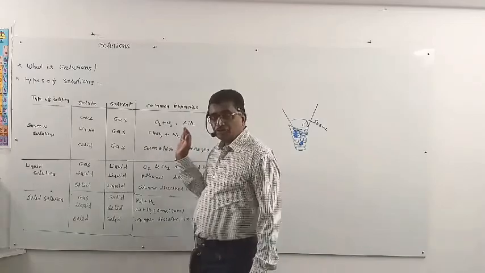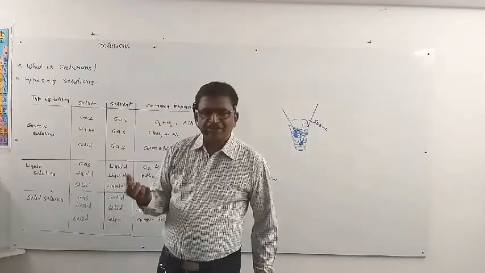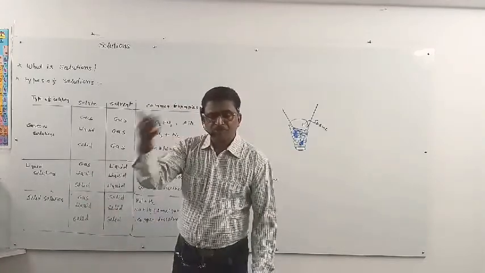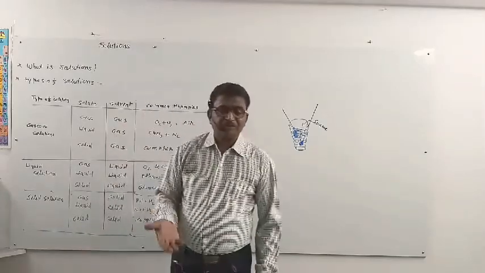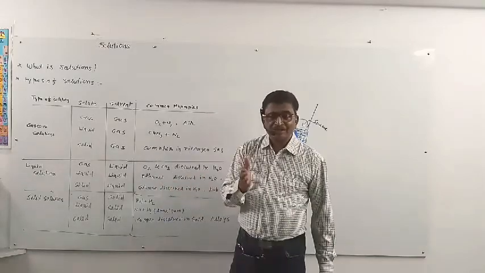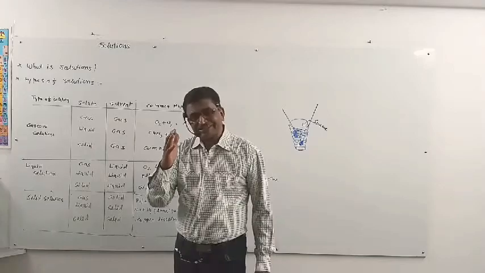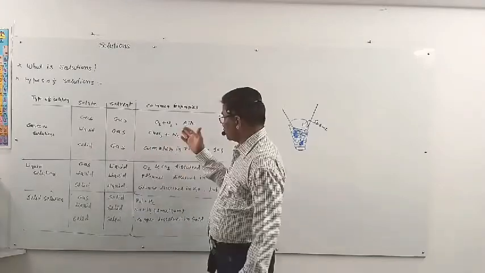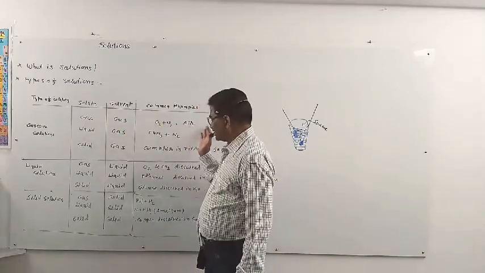In air, the solvent is dinitrogen, while so many gases like dioxygen, carbon dioxide, and water in vapor form, while pollutants such as sulfur dioxide, nitrogen dioxide, carbon monoxide, are all in solute form. But in the major part, nearly 80% is dinitrogen. So therefore, this one is also an important example.